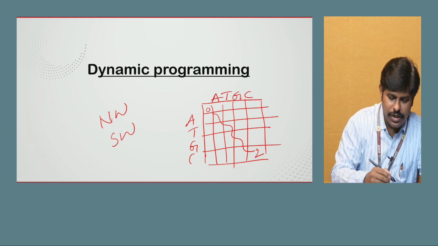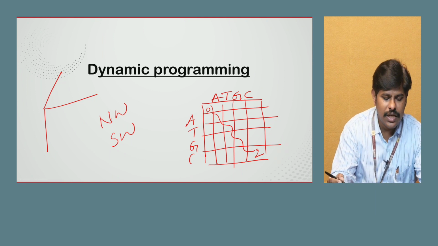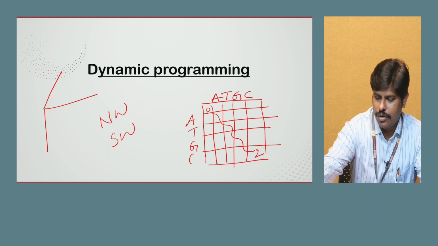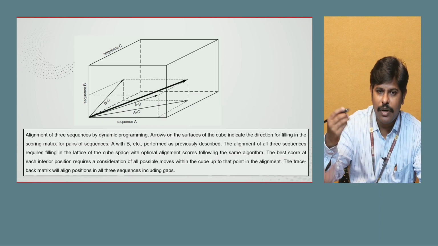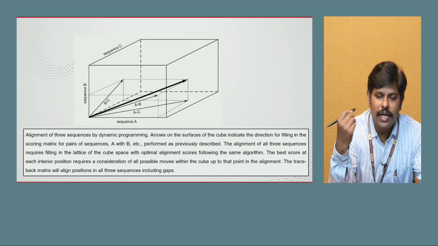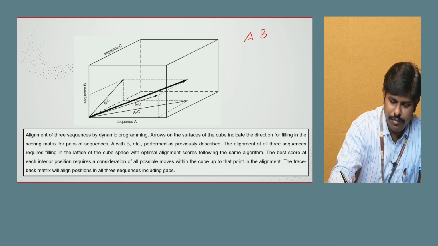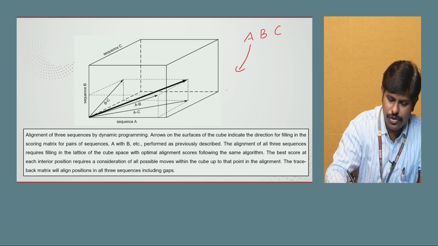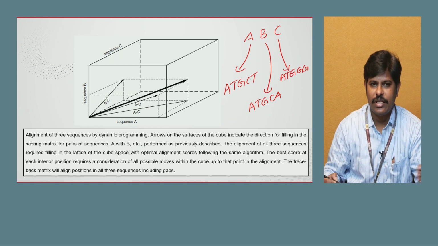Here, instead of 2 sequences, we will take 3 sequences. 3 sequences will form the sides of a cube, and if you have more sequences, then hyperdimensional spaces are constructed and alignment is done there. Suppose we have 3 sequences A, B and C: A is ATGCT, B is ATGCA, and C is ATGGG.